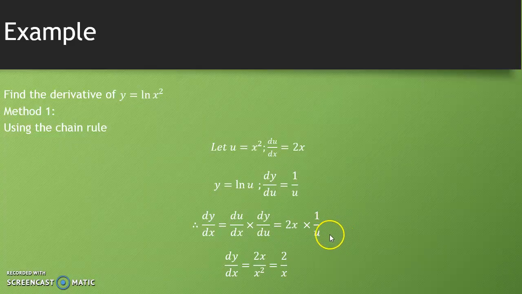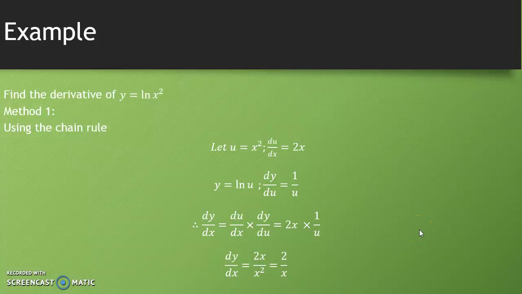Substituting u equals x squared in, we get 2x over x squared. The top x and one of the x's on the denominator cancel each other out, and we're left with 2 over x. So again, using the chain rule and the derivative of natural logs, we find the derivative of that expression.